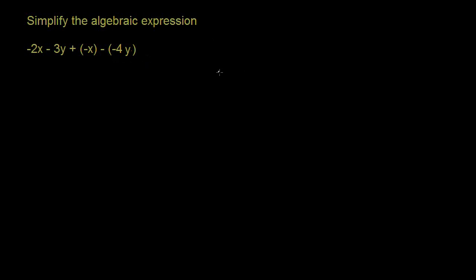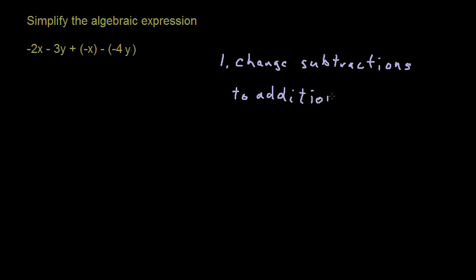The first step in this problem is the same as the first step in the last several problems, and that is to change the subtractions to additions of the opposites.